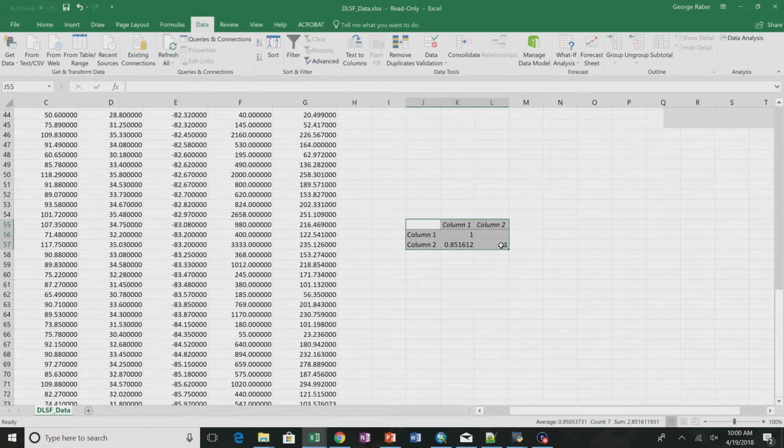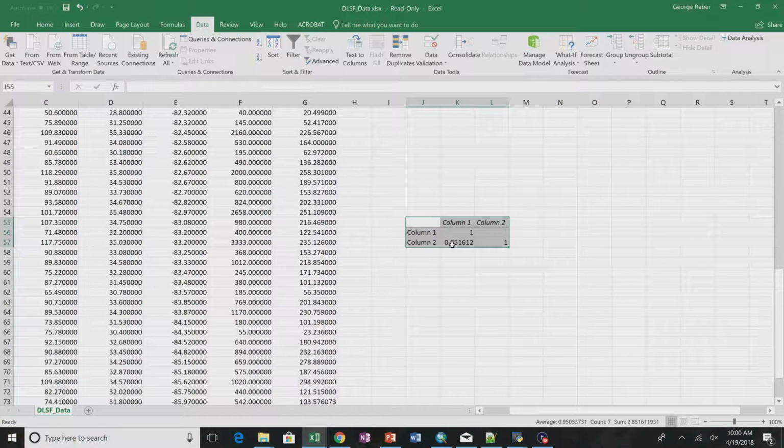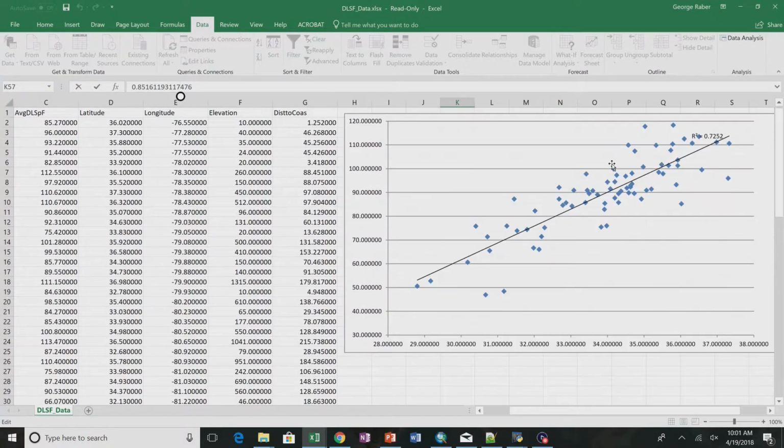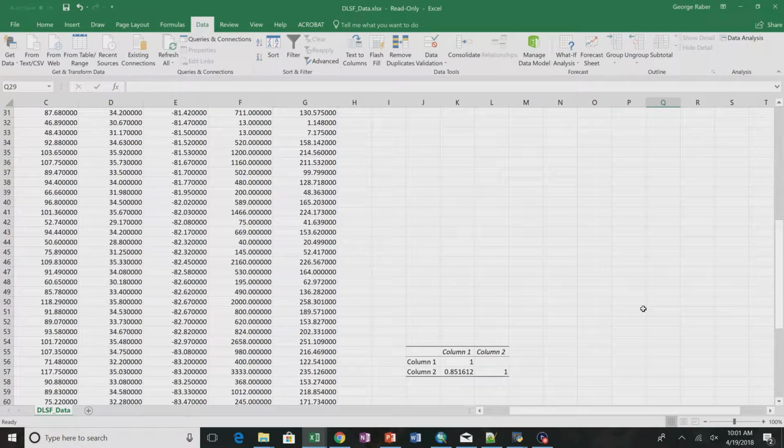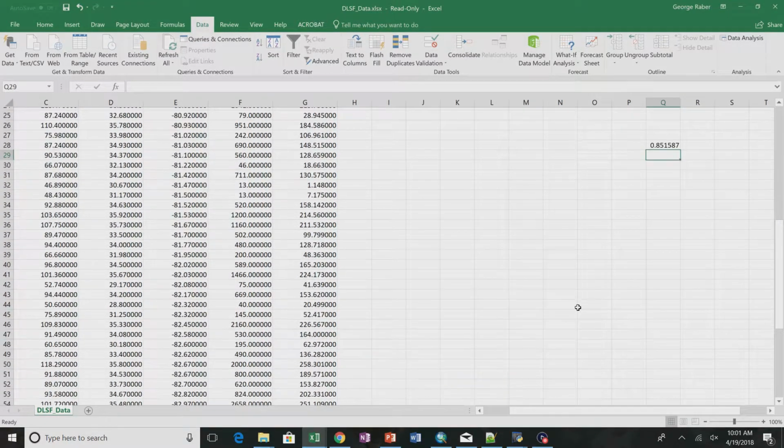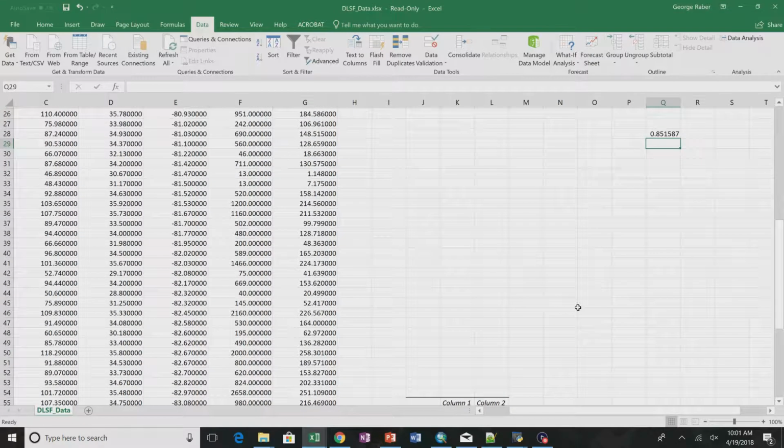I didn't prepare well enough. Oh, this is probably it. Let's see what this value is, because it is positively correlated. So equals SQRT 0.7252. Yeah. So it's that value. Okay. So that's the right value.